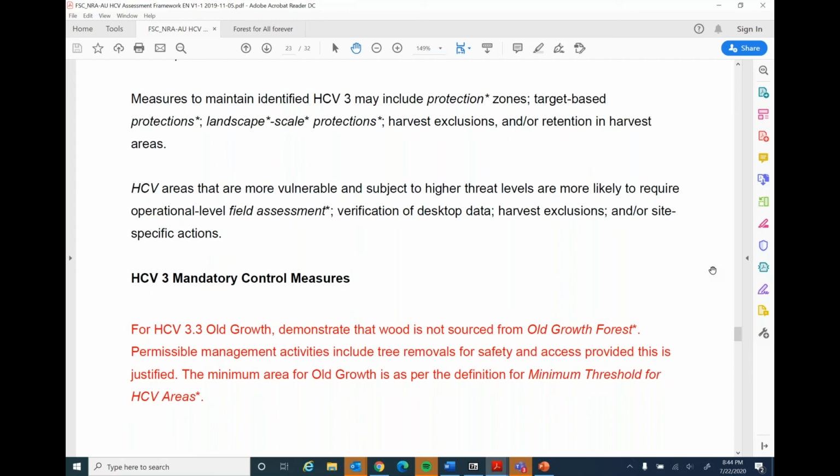It may be justified, and there's a minimum threshold for old growth in high conservation value areas. So that's where the recommended control measure would come into play on top of the mandatory. So they're in sequence. The recommended control measure here wouldn't be mandatory naturally, because if it's large scale old growth, that's not allowed under the standard here.